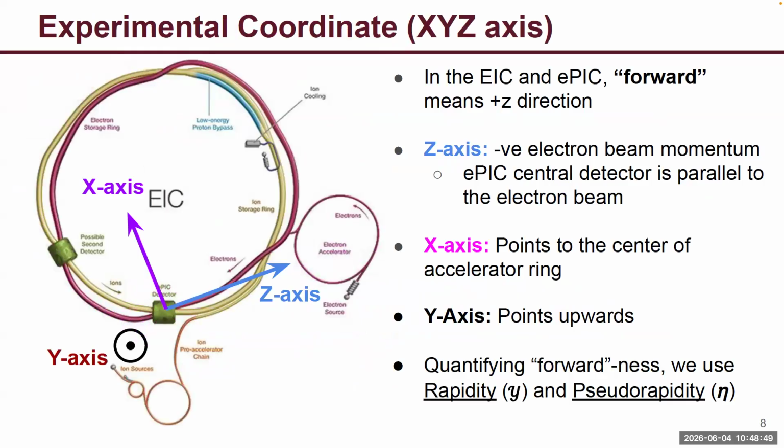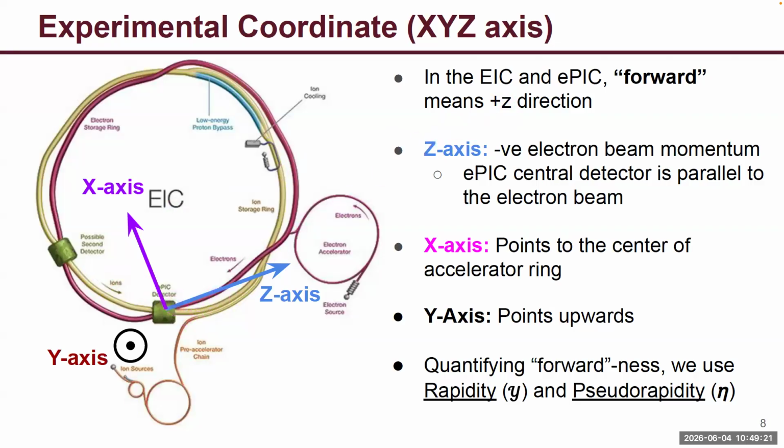So forward means the positive X direction. Oh, sorry, the positive Z direction. Of course, Z normally means along the beam, whether it's Jefferson Lab, the EIC, or CERN, where the Z axis is normally defined as the direction of the projectile, your electron. But in this case, no.